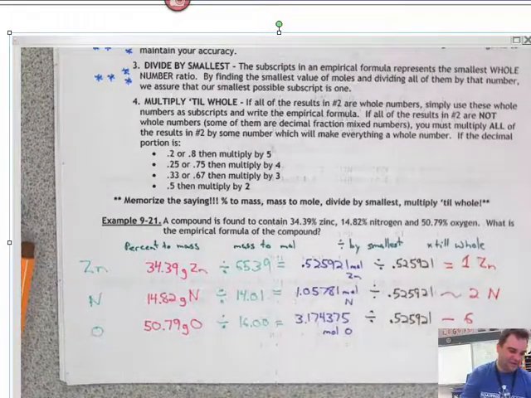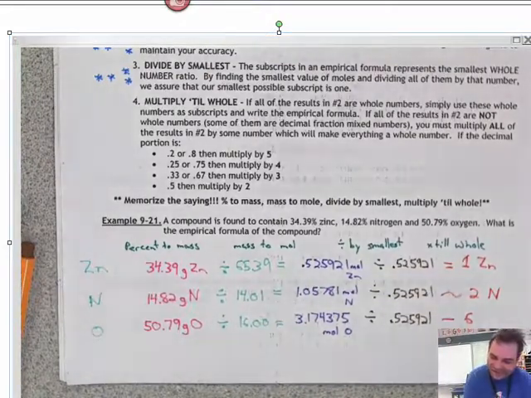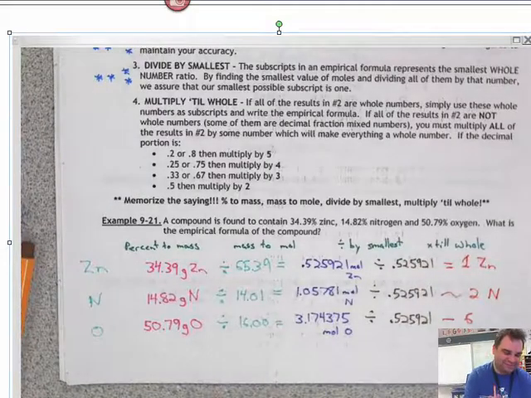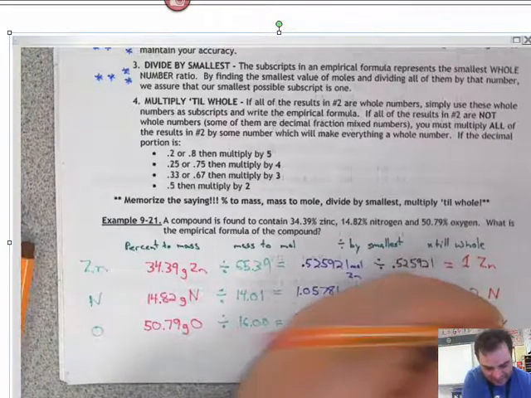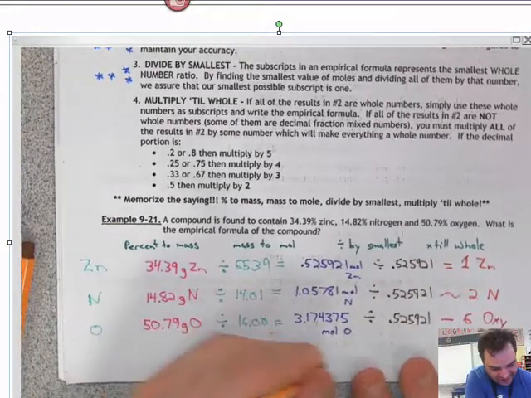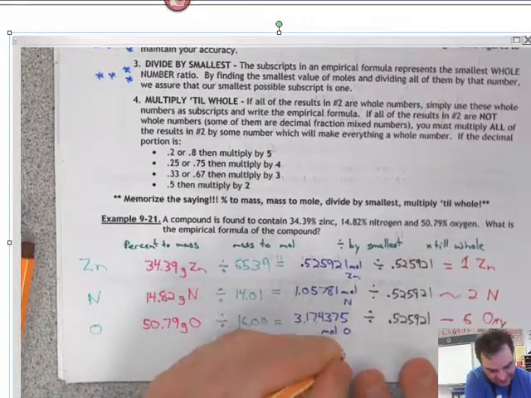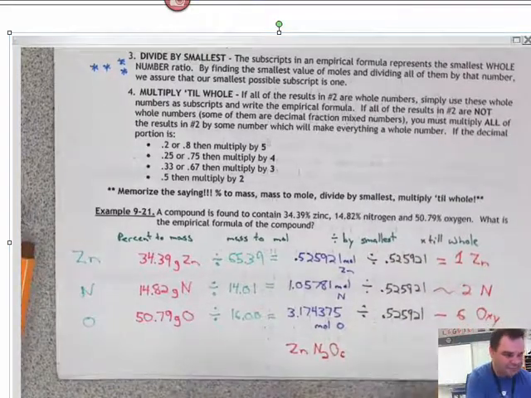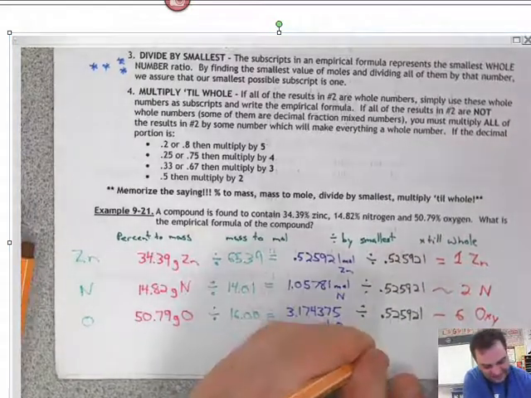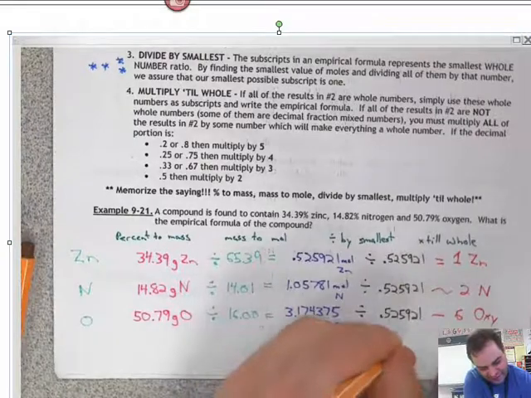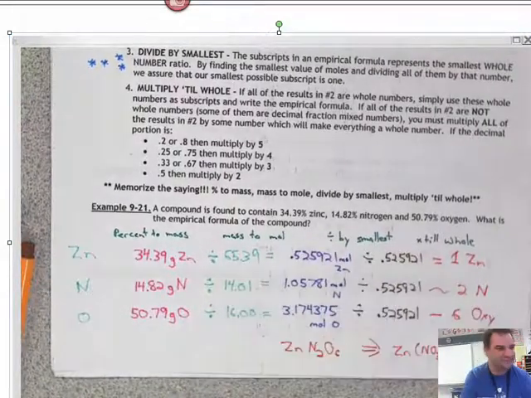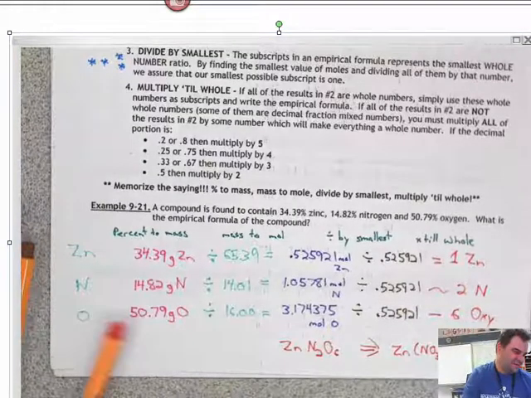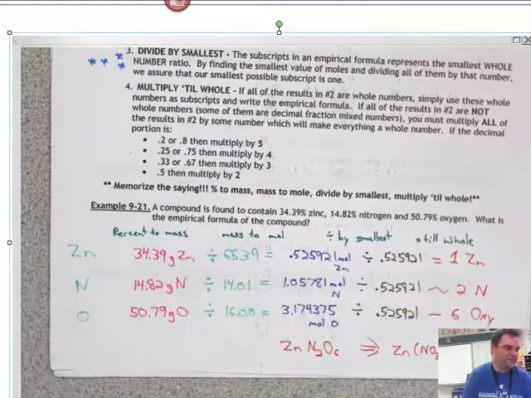If it was like 6.2, then I don't round. But if the first digit is pretty good, then that's what it is. So then we know our formula here is ZnN2O6, which, if you think about it, is really zinc nitrate. Easily done.